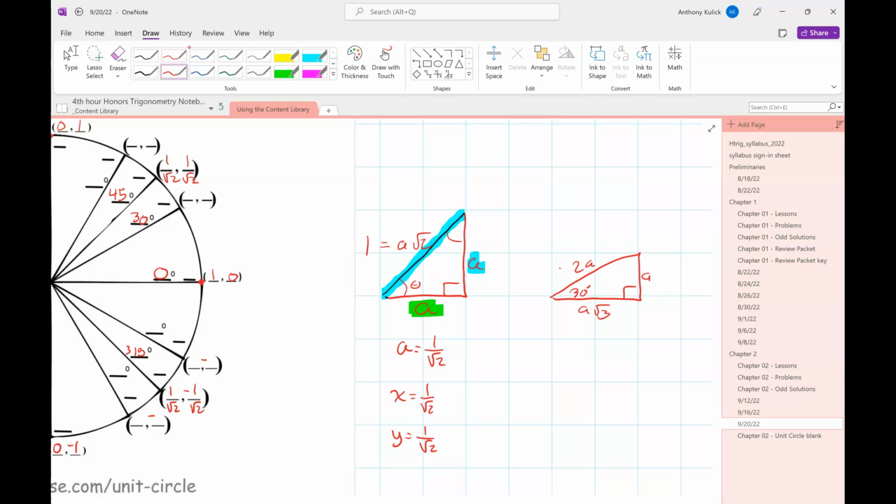Yeah, A needs to be 1/2 because, again, the hypotenuse of my triangle needs to be the same length as the radius in my unit circle. So A has to be 1/2. That means my x-coordinate has to be √3/2. And my y-coordinate has to be 1/2. Everybody feel okay there?